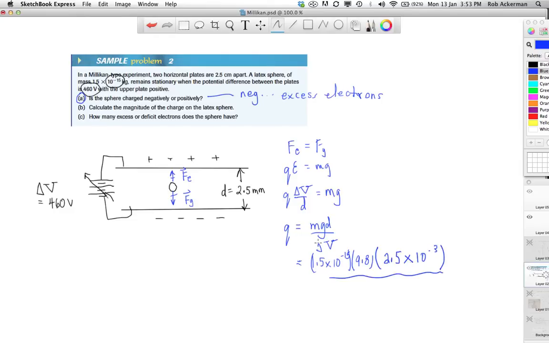And divide by delta V, 460. Let me just run this calculation really quickly. I'm not going to bother pausing the video. 1.5 times 10 to the negative 15 times 9.8 times 2.5 by 10 to the negative 3 divided by 460 equals, and I get a pretty small number.